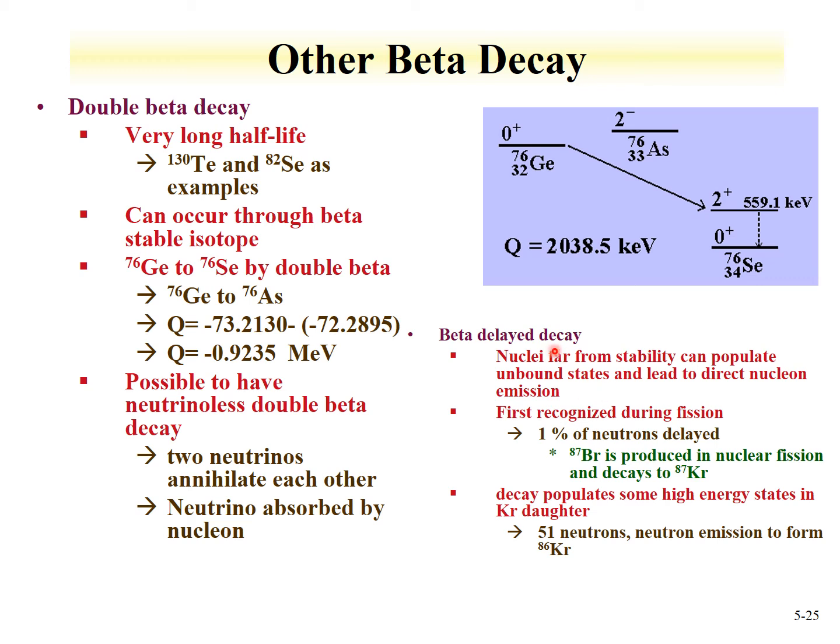And what this is, is a beta decay which is followed by neutron emission, so a beta delayed neutron. These are important for nuclear reactors. About 1% of the neutrons that are produced in fission are actually these beta delayed neutron emissions. And we'll discuss this more when we talk about fission.